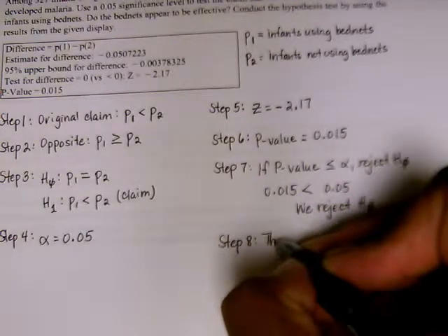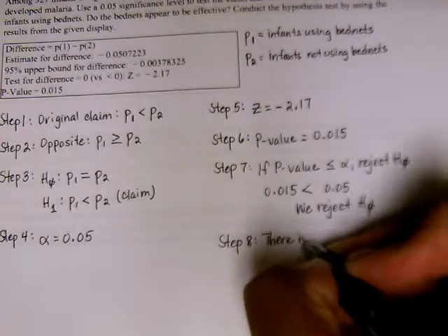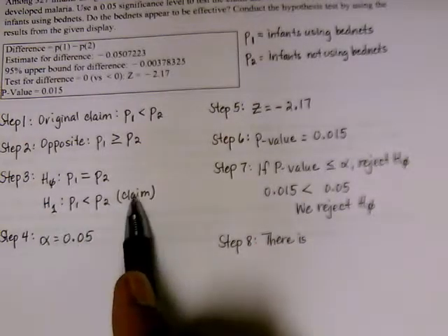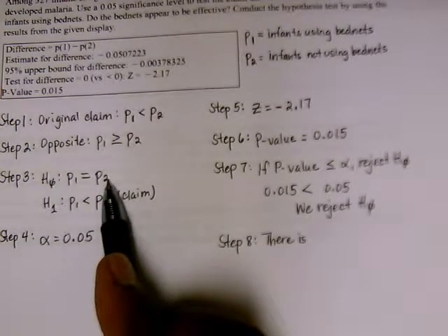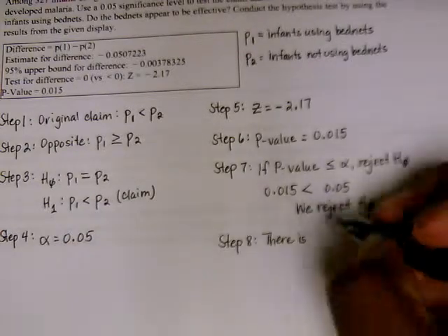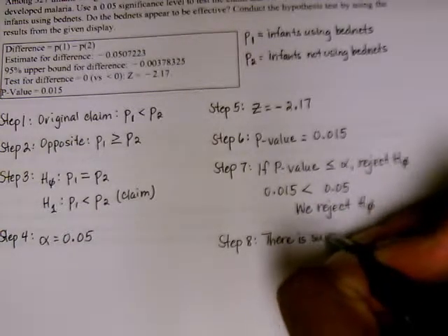And then step number 8 is to write our conclusion. And in this case here, the claim is the alternative hypothesis. We're rejecting the null, so that means that we are supporting the claim based on the sufficient evidence we have.